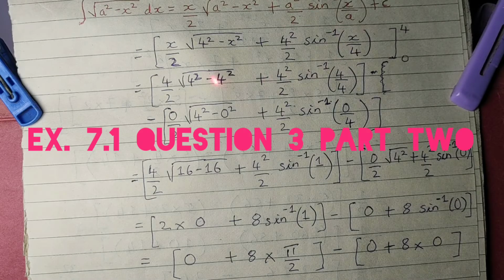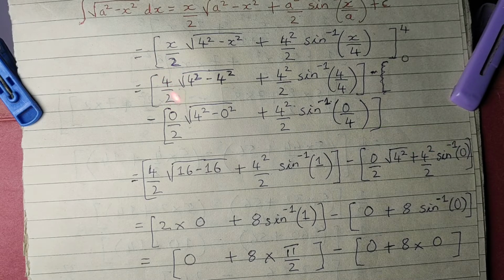Now instead of x, here you have to put 4 by 2 under root of 4 square minus x square. In place of x you will be putting 4, as we normally do when we put the limits. Instead of x we put the upper limit, and that is why we are putting 4 over here.